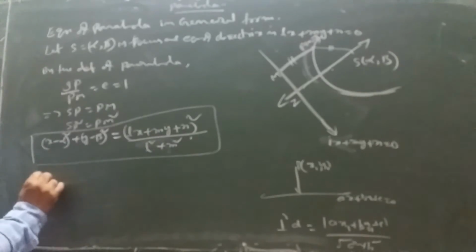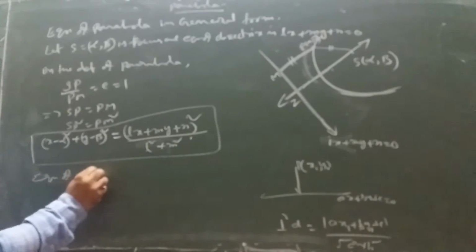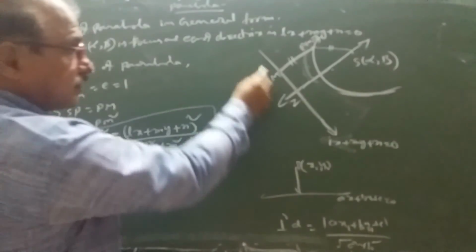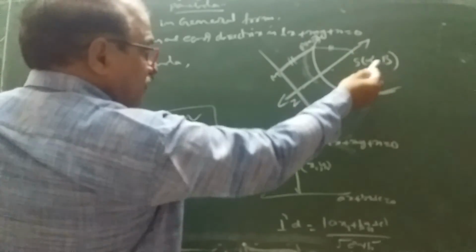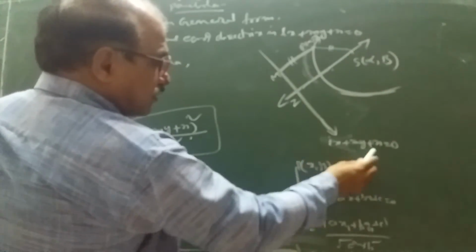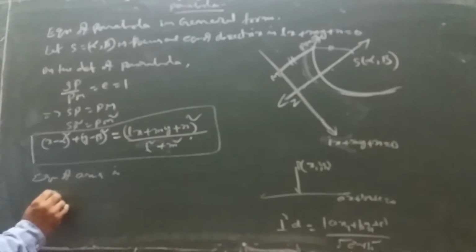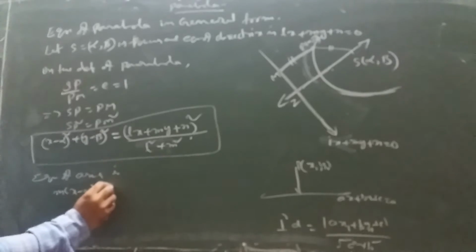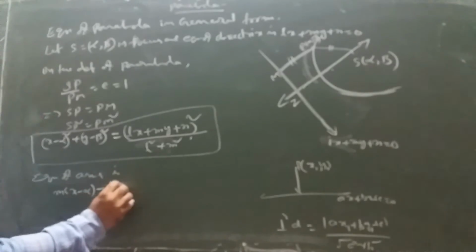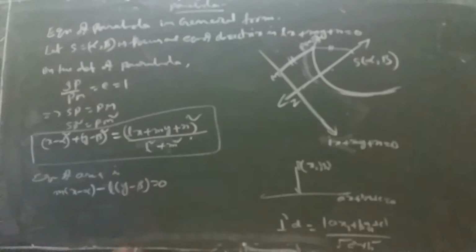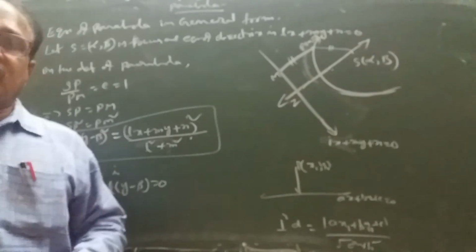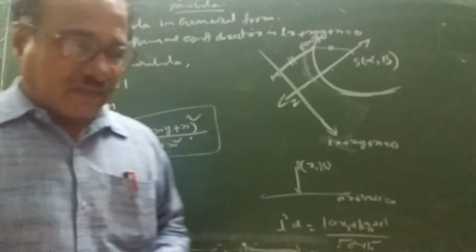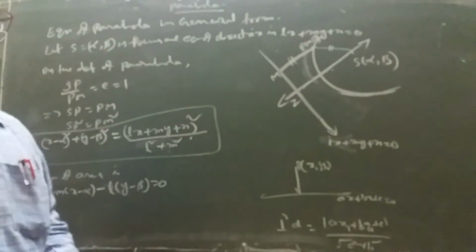Then the equation of the axis is the straight line passing through S(alpha, beta) and perpendicular to Lx + My + n, that is M(x - alpha) - L(y - beta) = 0, which is the equation of the axis.